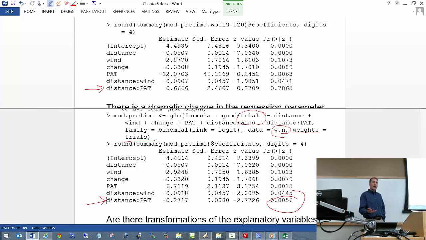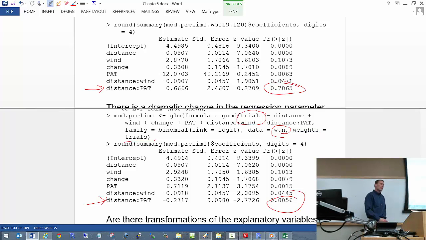But take a look at what happens when I remove just those two observations. Now my beta hat is positive. So that changes my interpretation of that interaction. And also take a look at my Wald test p-value. 0.78.